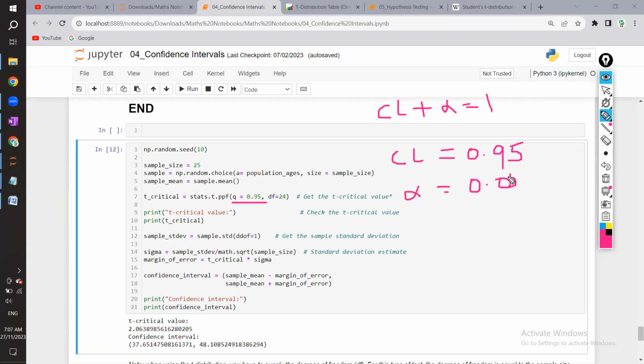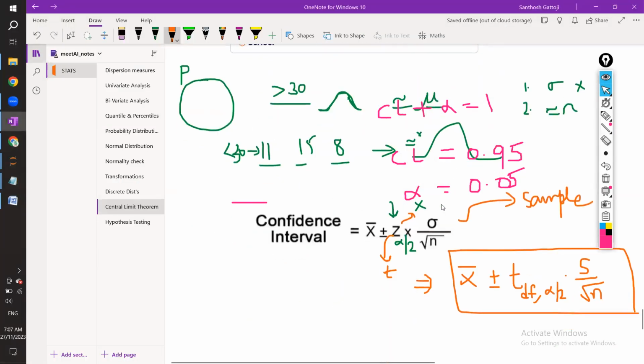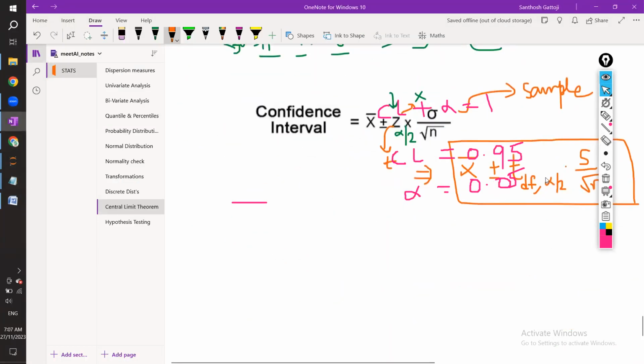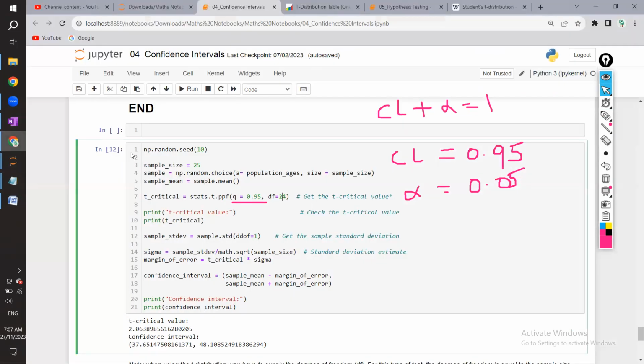And what do we want? Alpha by 2, because both sides are considered. So alpha by 2 will be 0.025.